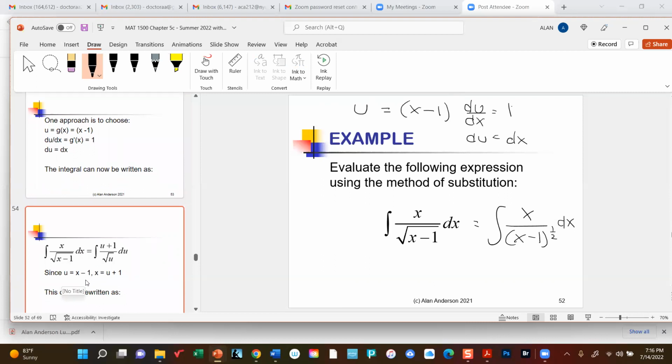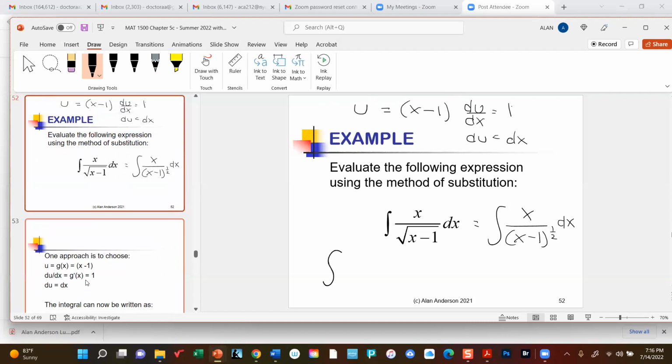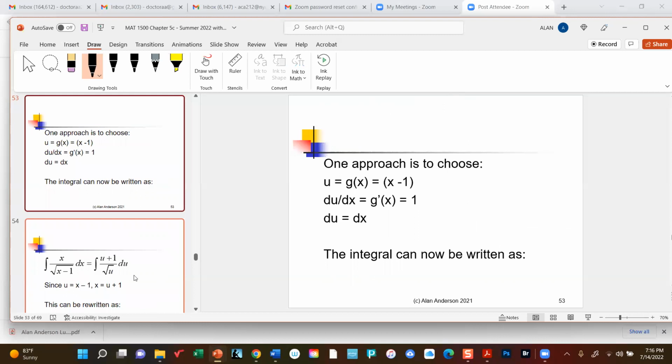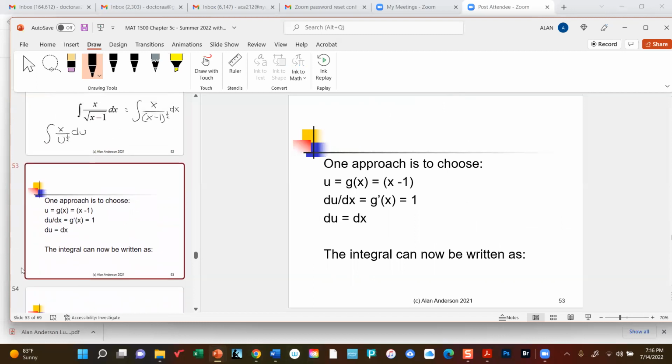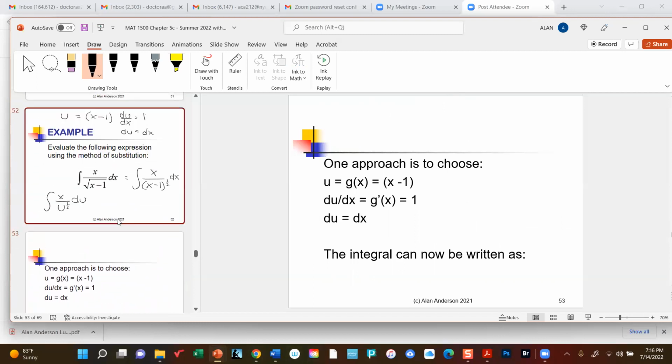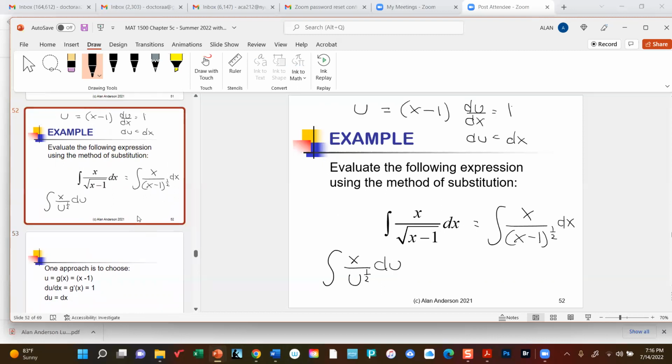Now, this one is a little trickier because if you plug everything directly in, you'll see that you actually have x over u to the 1/2 du. Now, you might say to yourself, oh, that is a problem, but look what we can do now. We need to get rid of that x. So how do we do it?